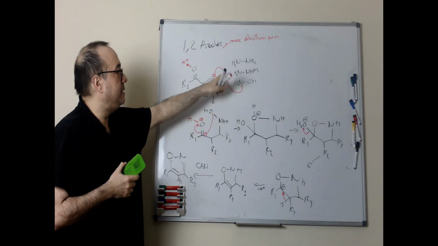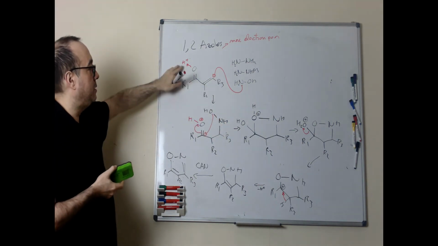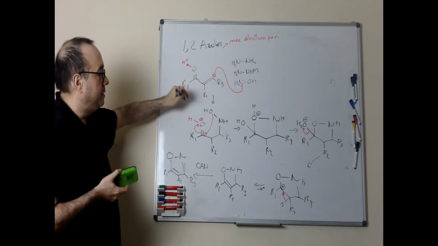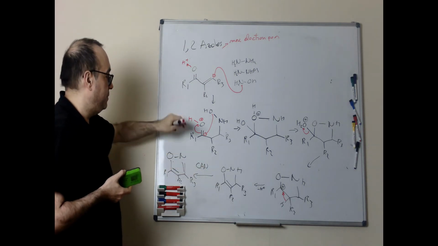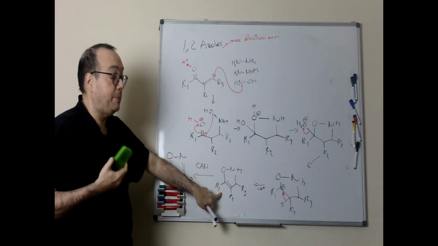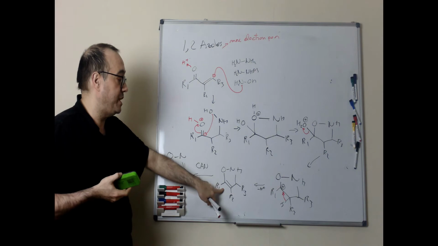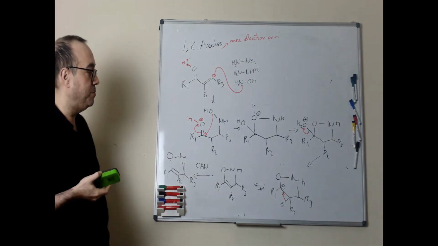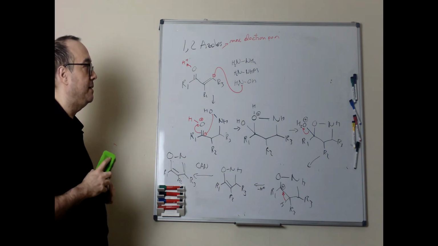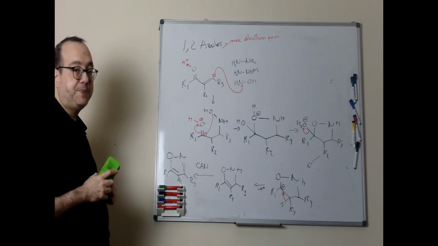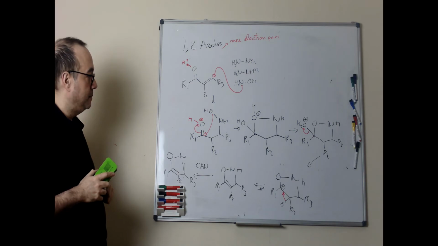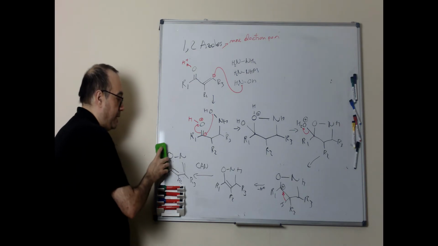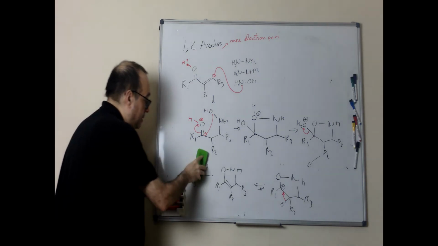addition. Okay, then the second heteroatom is attacking the carbonyl group. We do the elimination, and we get a partially hydrogenated 1,2-azole that oxidation with CAN will give us the final compound. Okay?